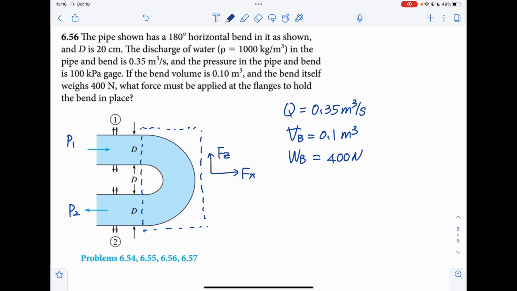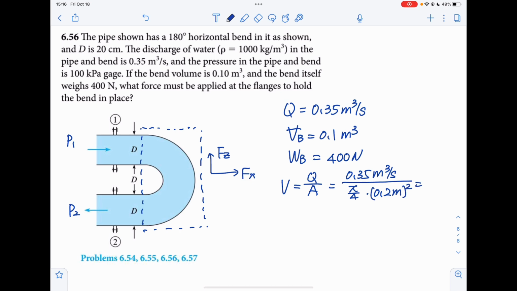Okay, so first we're going to find the velocity, V, which equals Q over A, which is 0.35 cubic meters per second over pi over 4 times 0.2 meters to the power of 2.